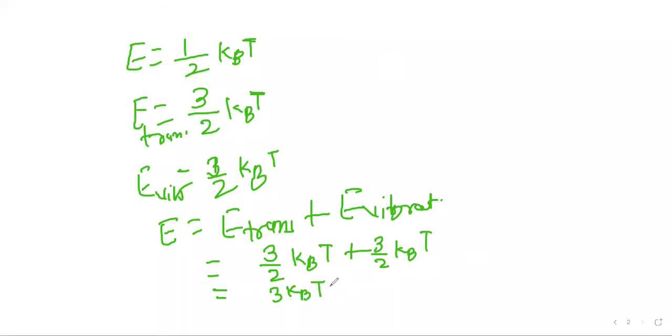This is the energy of the atom at a temperature T. Now we know that the heat capacity CV is given as the partial derivative of energy with respect to temperature.